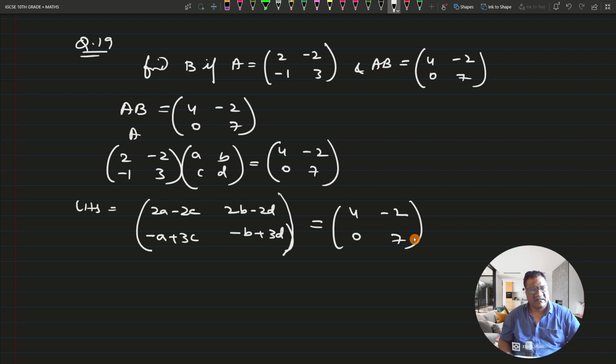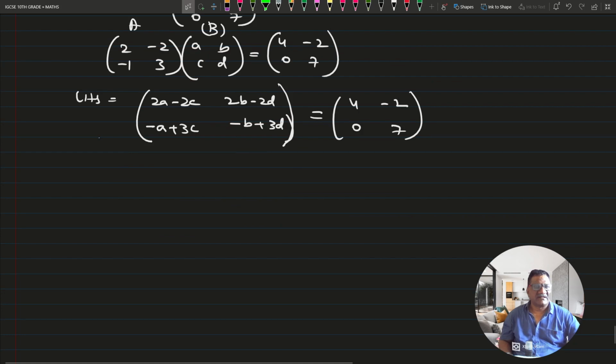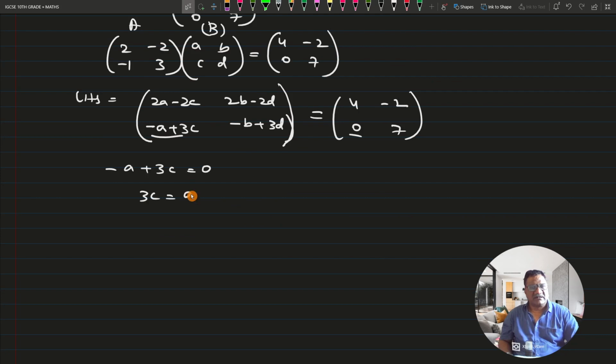Okay, see, we are asked to find out this b. Okay, so b is nothing but this one, right? A B C D. Okay, so now what I will do is I'll equate these two. So I'll get minus a plus 3c equal to 0. 3c will be equal to a. Okay, this is what I'm getting, 3c equal to a, right?